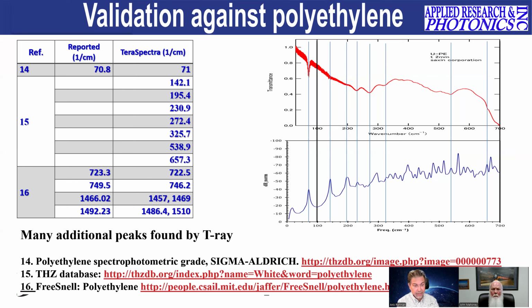On the other hand, they have not been verified by techniques that are already out there. So it's a challenge. Let me ask this question: to date, are there any other techniques out there that can get this data and validate it, as far as we know, that are as sensitive as T-ray?